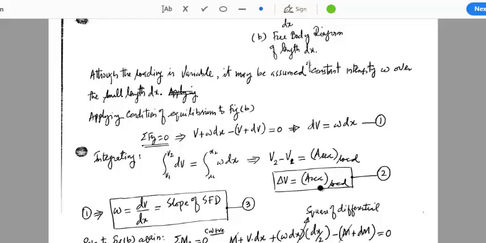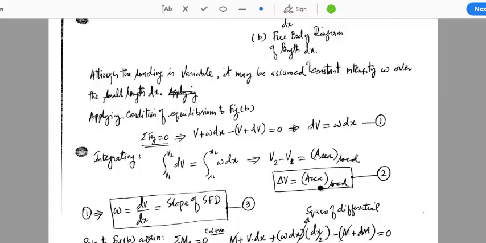Now what does this actually mean? It will become more clear when we solve the numerical problems. Whenever we need to calculate the change in shear between two points, we will see how much is the area of the load diagram between those two points, and that area will define the change in shear.